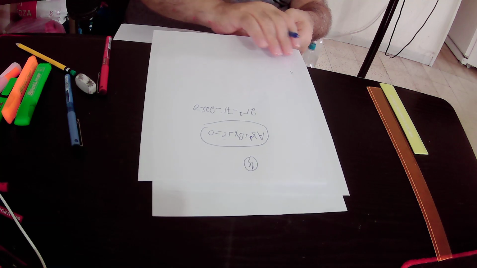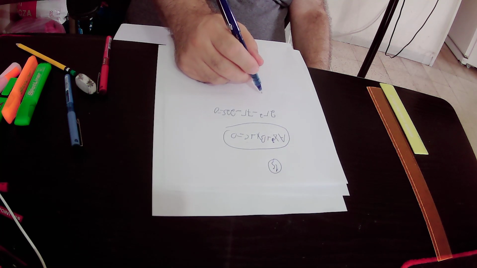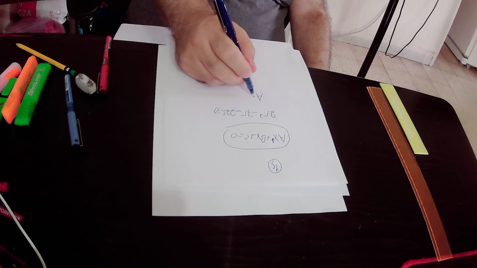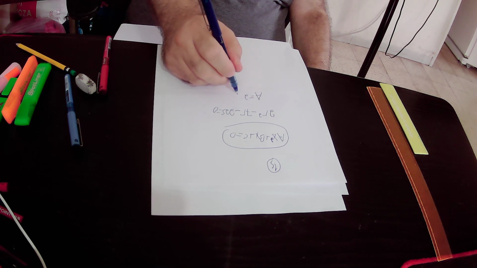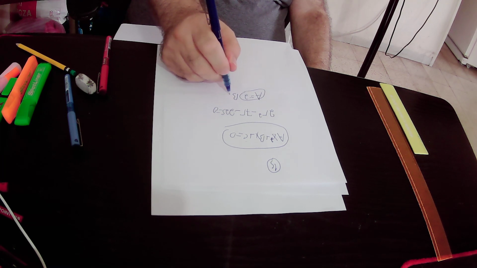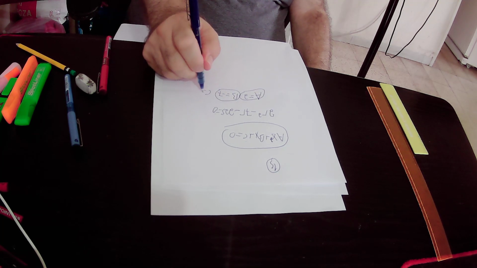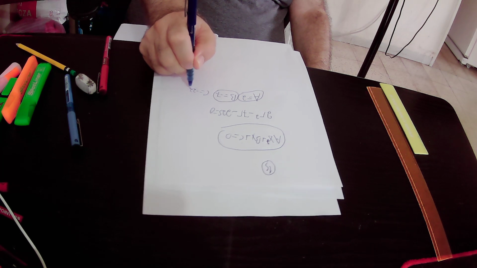So the coefficients of our quadratic equation are a equals 2, b equals minus 7, and c equals minus 225.